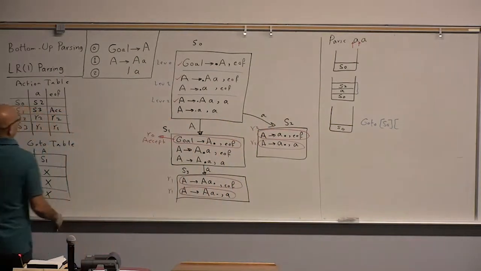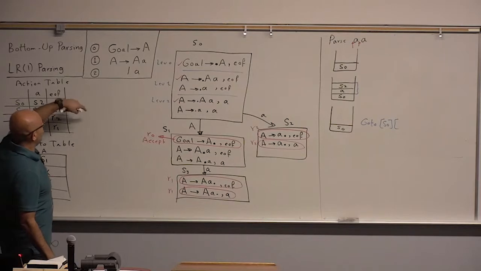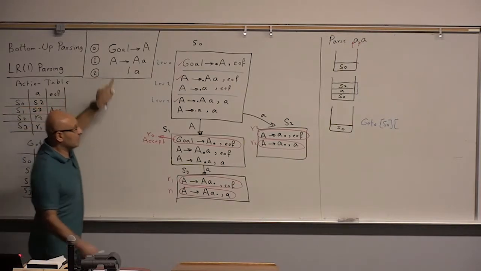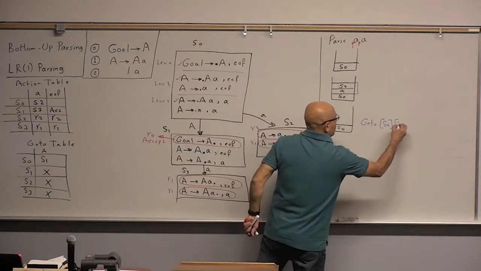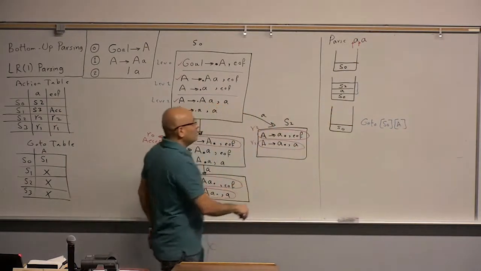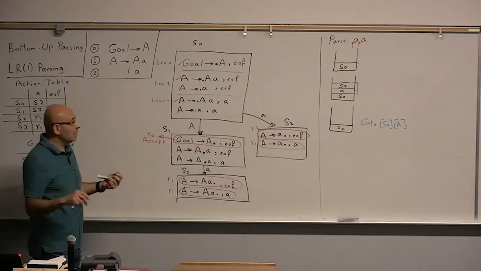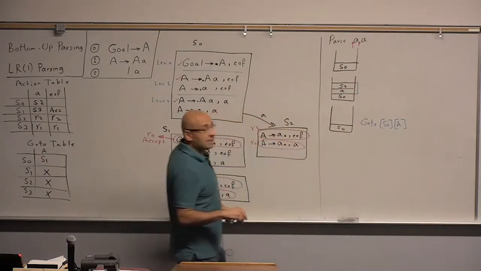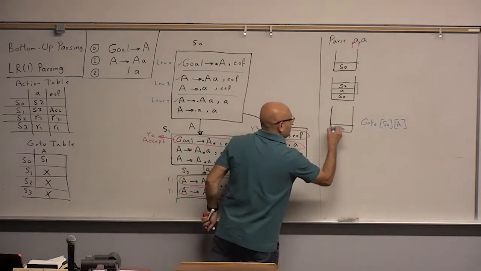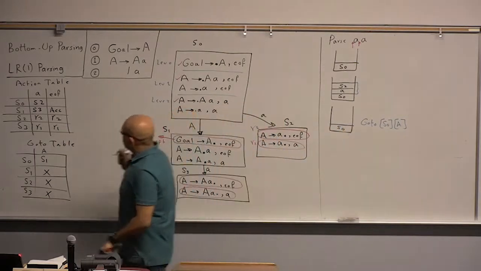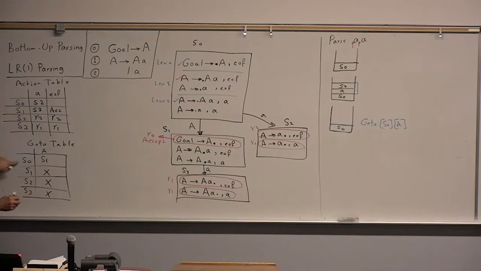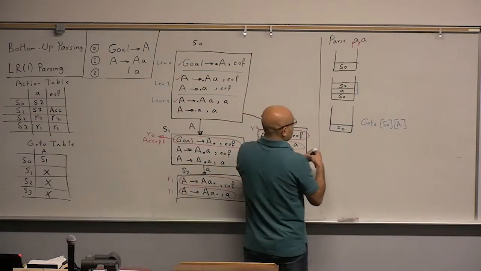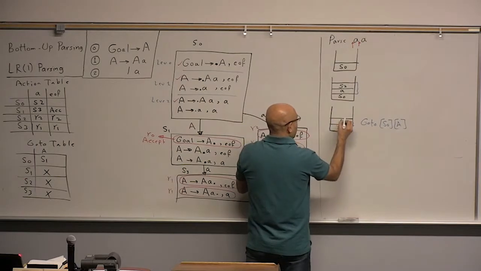Reduction 2 will give me a non-terminal A. So go to S0 and A. So we consult the go-to table when we make a reduction, after popping this off. So we go to the original state, which is S0. The go-to of S0 and A is S1. So this tells you to go to S1. So you push the A, and you are now in S1.